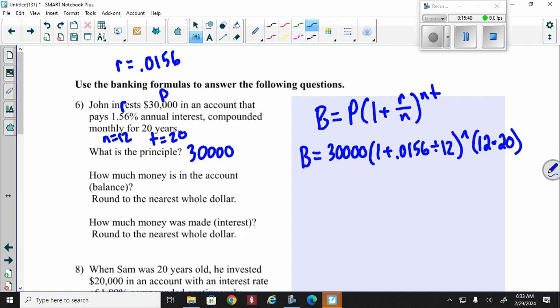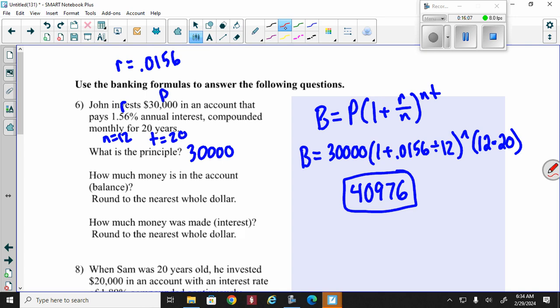There we go. So now remember, as you are working this problem, remember that the formula actually starts with a B, and B stands for balance. So when we get our final answer, which our calculator says is 40,976 rounded, where does that go?